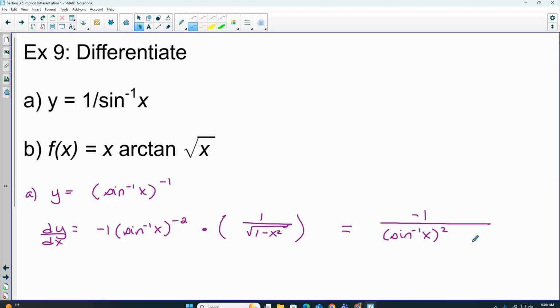That's sine inverse squared times the square root of 1 minus x squared. Not pretty at all. There are other ways you could have done it. You could have rewritten the 1 over sine inverse as cosecant inverse and worked from there. This gives us an equivalent.